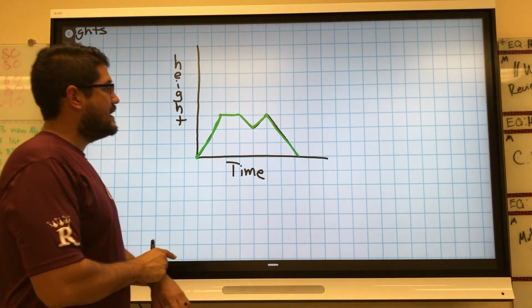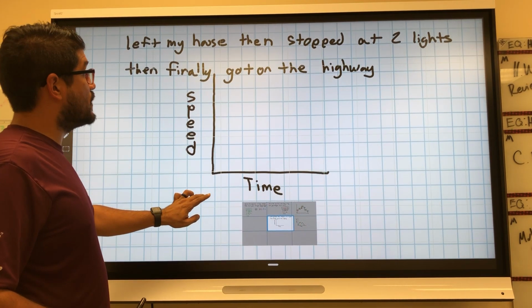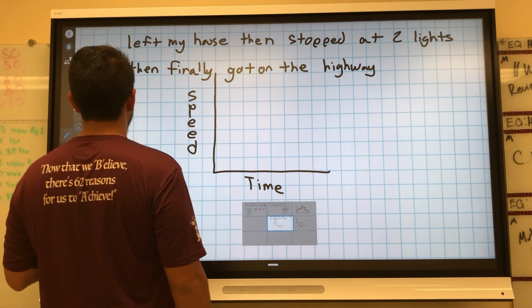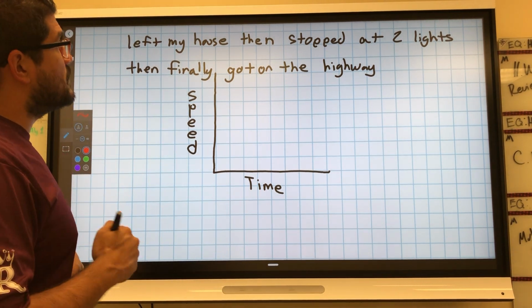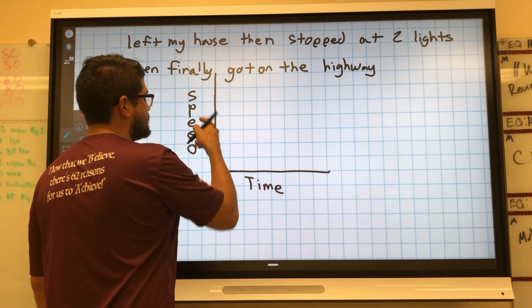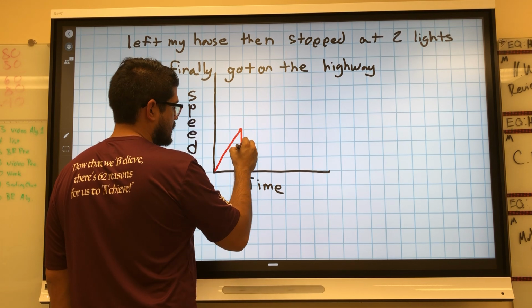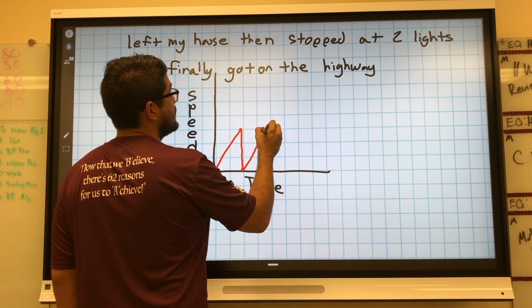Okay? And then the last one here is, here's the story, and now I have to draw the graph for it. So for this one, left my house, then stopped at 2 lights. So I left my house, so this is the speed. So I accelerated, and then all of a sudden, down to nothing. Then I accelerated again, down to nothing.